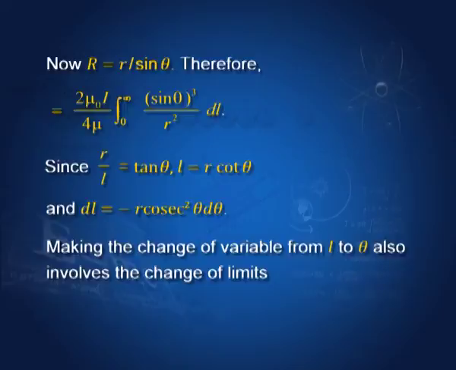I have the same figure again, and now we shall put sin theta in terms of r and R, and we will also put r by l in terms of the angle, and then take dl. That is how you change the variable in an integral problem.